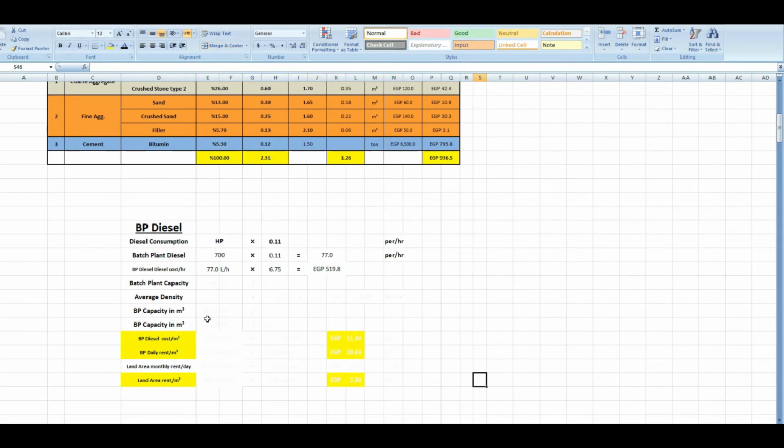Cost of diesel 77 liter per hour. Multiply the unit price of diesel in Egypt these days equal 520 approximately per hour. The consumption of diesel per hour is 500 and almost 20 Egyptian pounds.